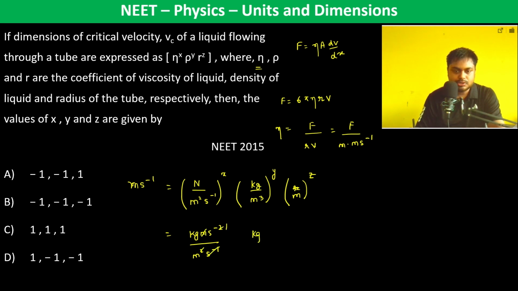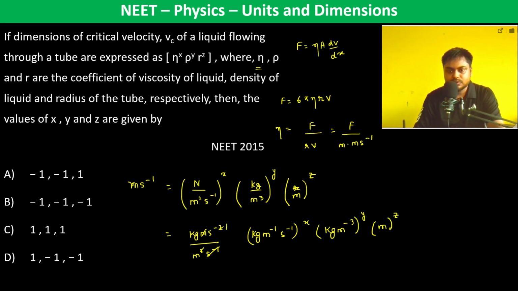So this becomes kg m minus 1 s minus 1 to the power x, kg m minus 3 to the power y, and m to the power z. So this is kg x plus y, meter minus x minus 3y plus z, second minus x. So meter per second. Okay, now we have to equate with this.